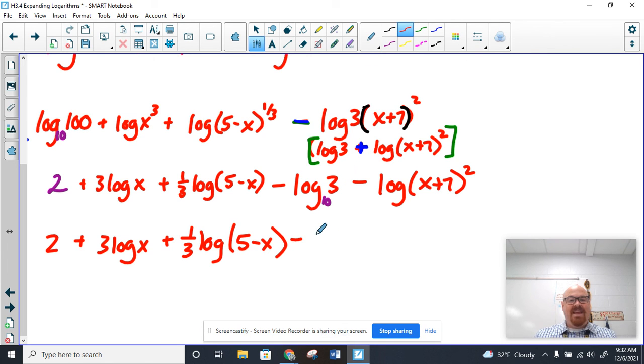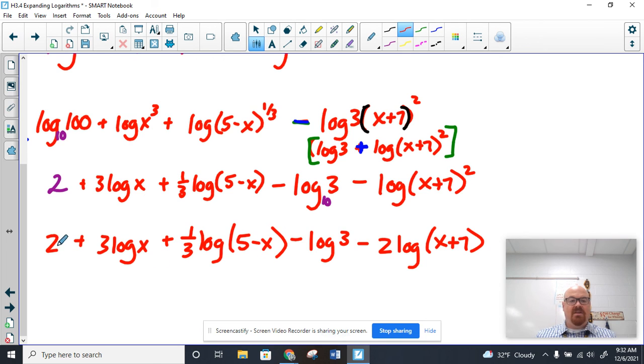So since I can't actually evaluate that and get an integer, I'm just going to leave it. And then we lastly look at this last logarithm. This is a power. So that 2 is going to come down in front of this logarithm, and I have to keep that x plus 7 in parentheses for the exact same reason we were mentioning here.